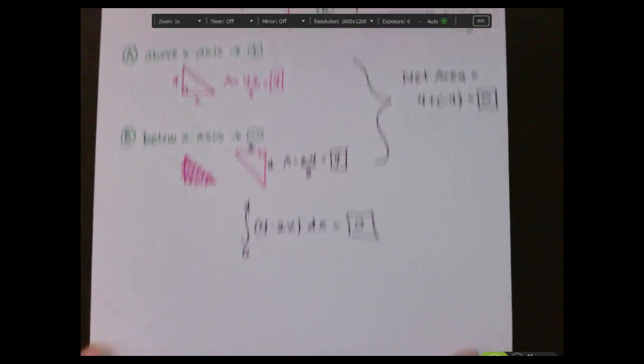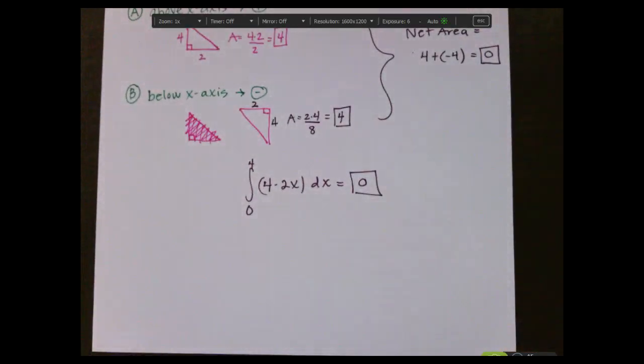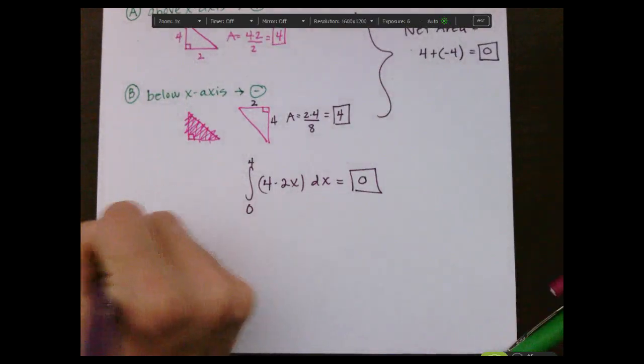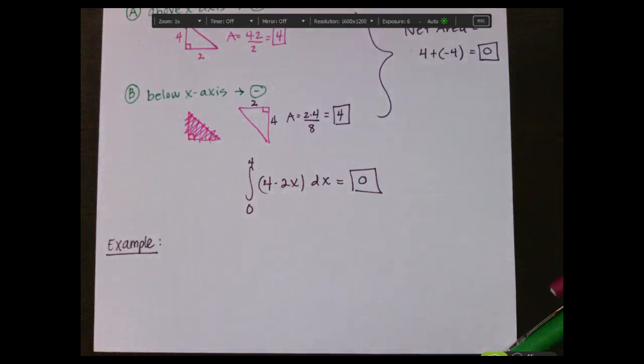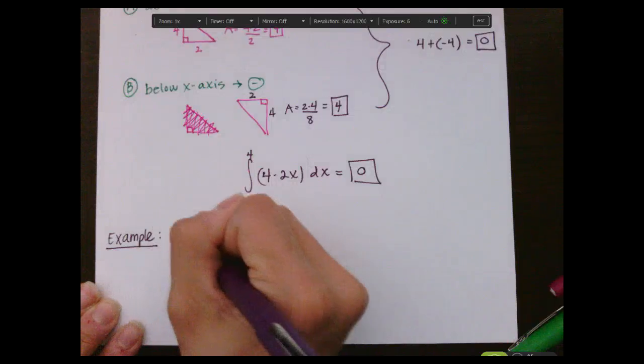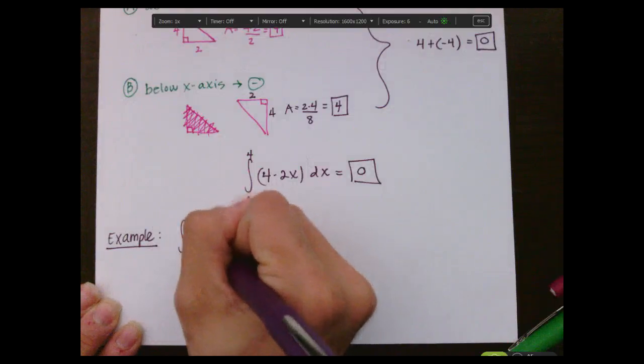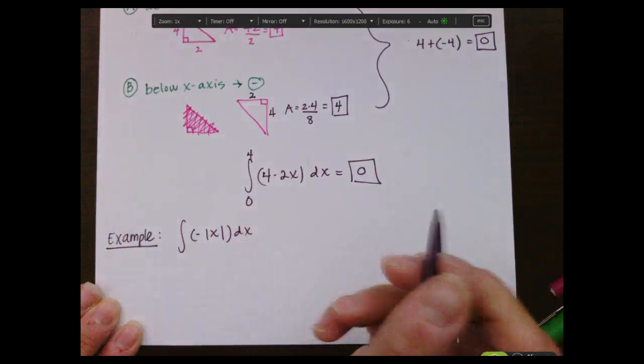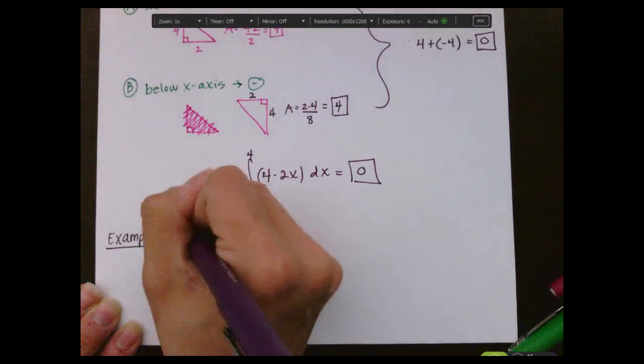Let me do one more example of geometry for you. So let's say we want to evaluate the function negative absolute value of x with respect to x from negative 1 to 2.